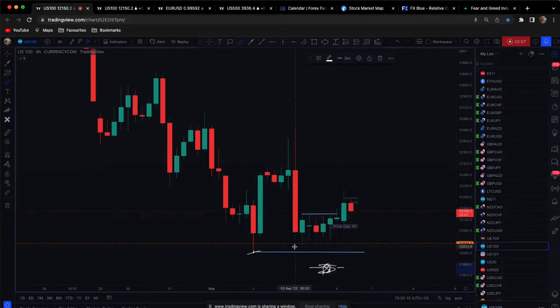For this to reverse, I would have expected to see some sort of a double bottom, and prior to this move here, a tap down into under here, and then we get the move. So we actually didn't see that. That's telling me that this is most likely, I'm just building an argument basically for short, a pullback for further downside, targeting liquidity below. So that's my thing with this.